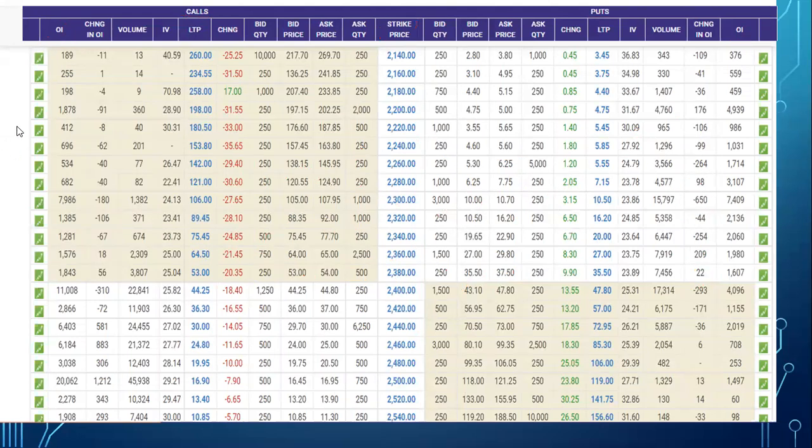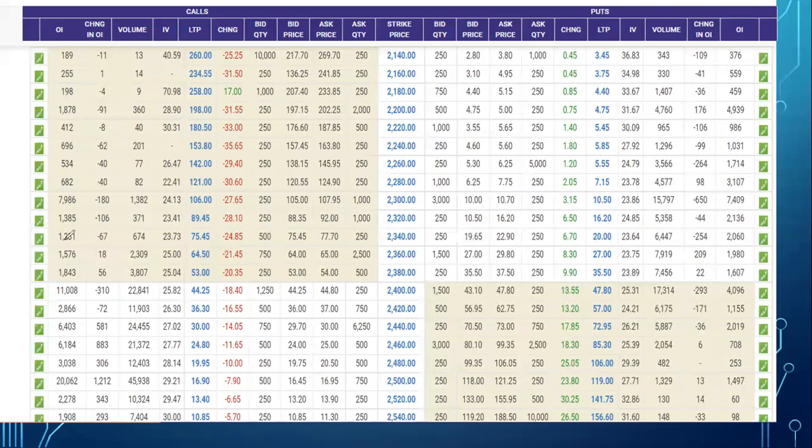Now, just to give you a basic idea, whatever OI is present, we consider it the position of an option seller. So if at 2340 the OI is 1281, it means 1281 lakh contracts are open at this strike price.